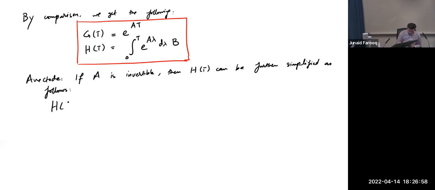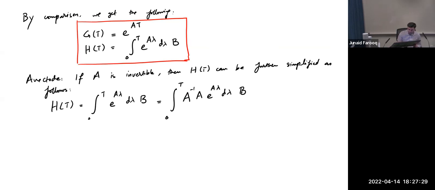H(T) by definition is the integral from 0 to T of e to the power A lambda d lambda times B. If A is invertible, you introduce an identity, which can be written as A inverse A. Remember this is an identity, so it doesn't really matter.